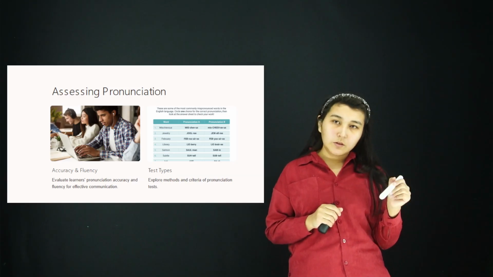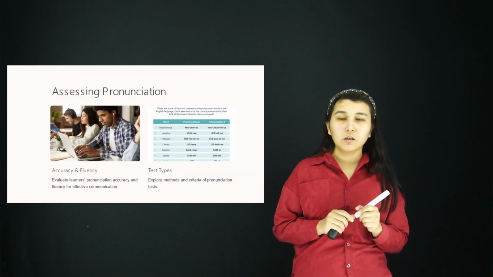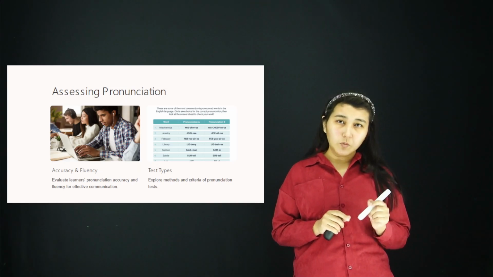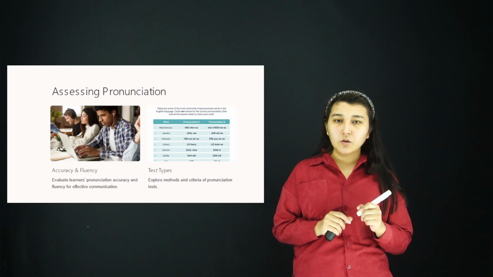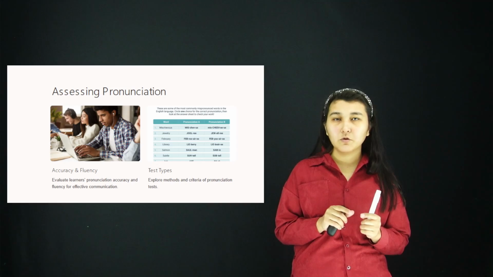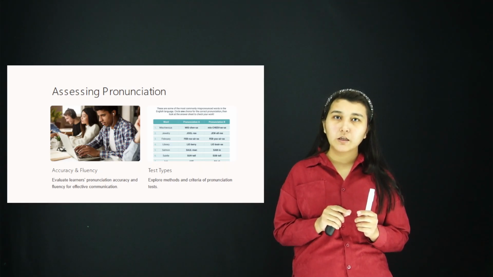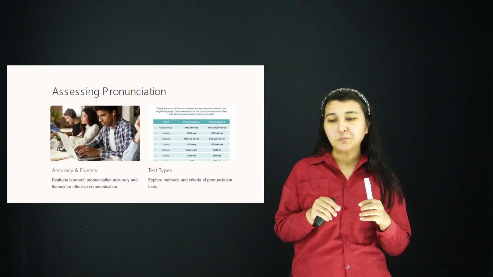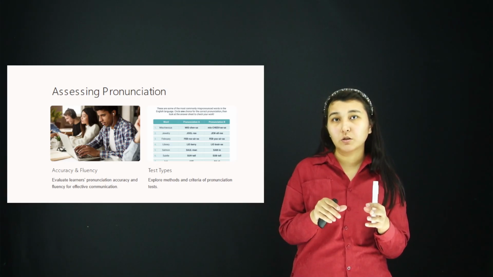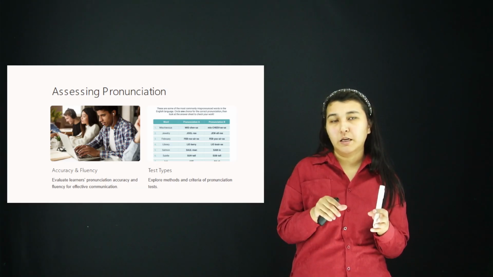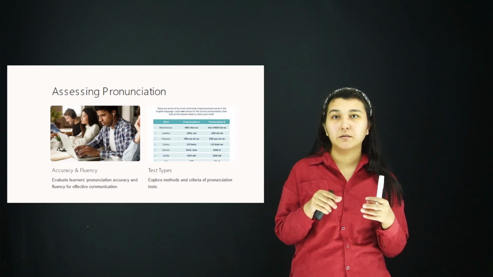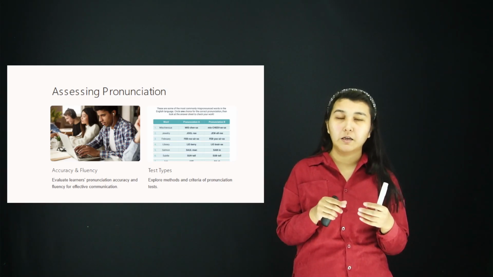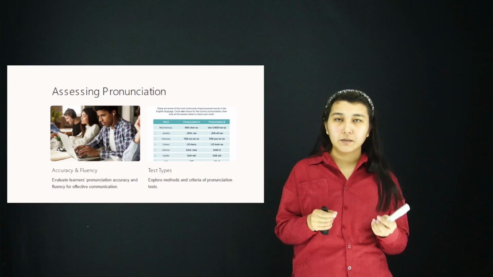And the last one is recording their voice. When they are speaking, you can record their voice and keep this record, and after they finish their speaking, you can give this recording to themselves, and they can assess themselves by themselves, and it will be self-assessment.